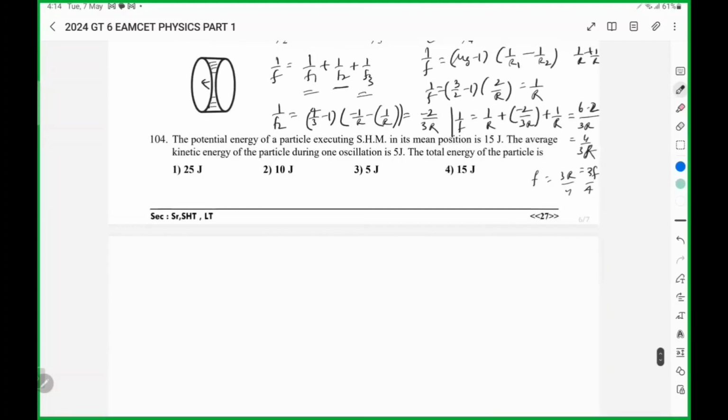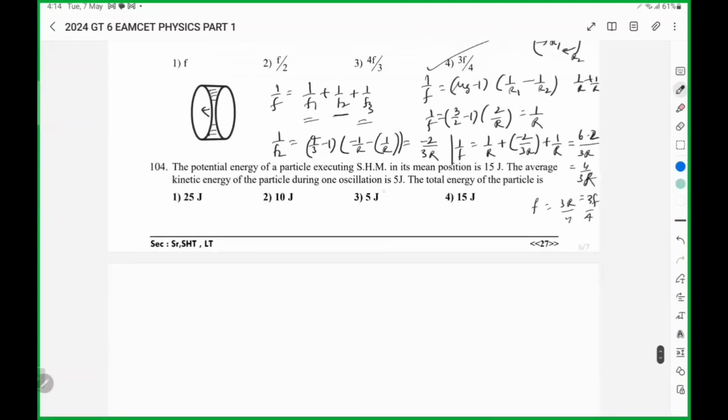Next question is the potential energy of a particle executing SHM. Actually, for any particle which executes SHM, at the mean position its potential energy is 0. So kinetic energy will be half m v square. At the mean position, x is 0, kinetic energy is maximum, that is half k a square.